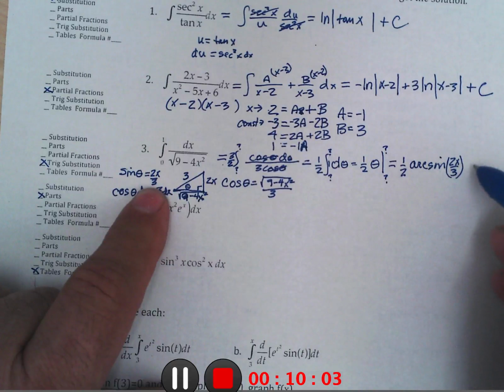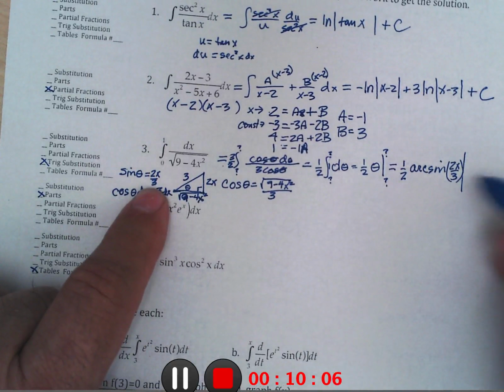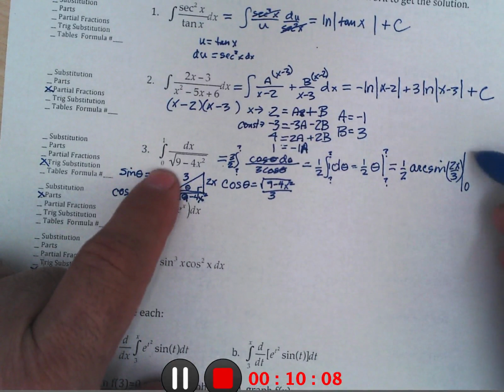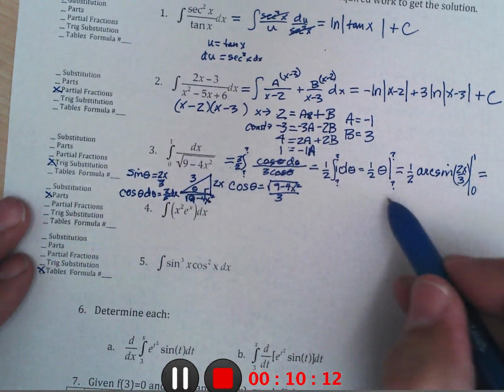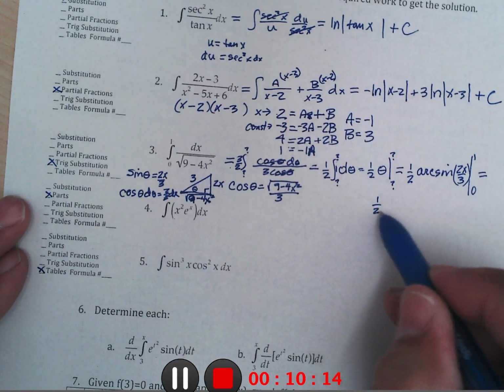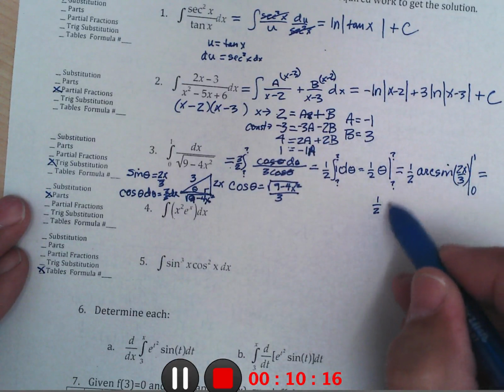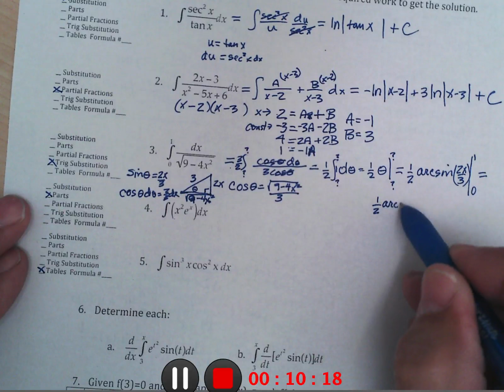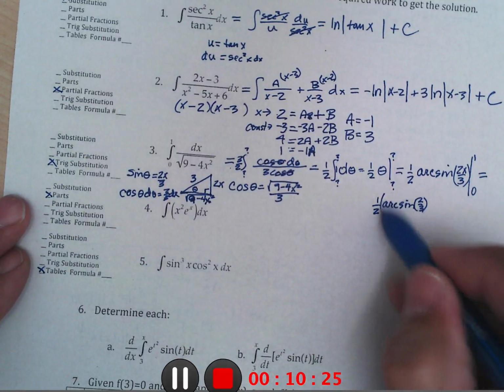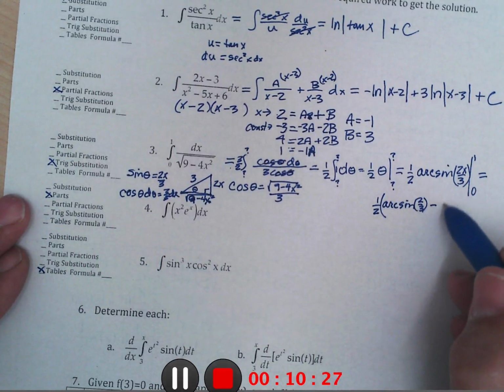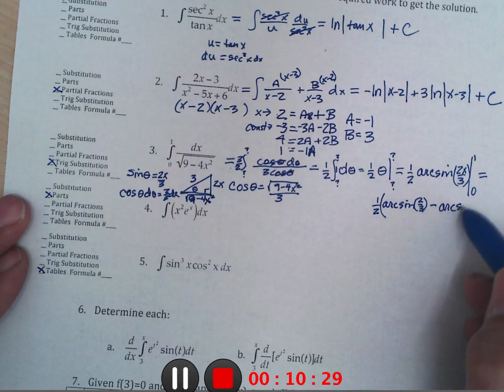Now I can go to my units from 0 to 1, and I can type those into my calculator and get 1/2 arc sine of 2/3, putting in 1, minus arc sine of 0.